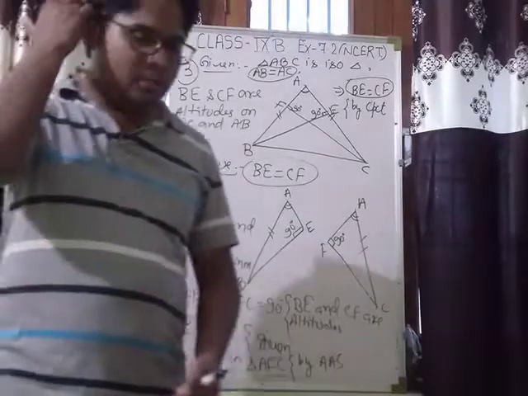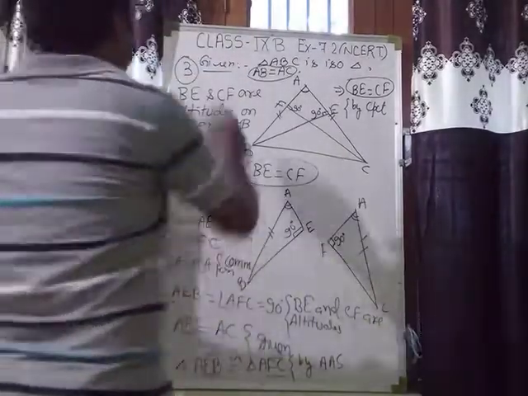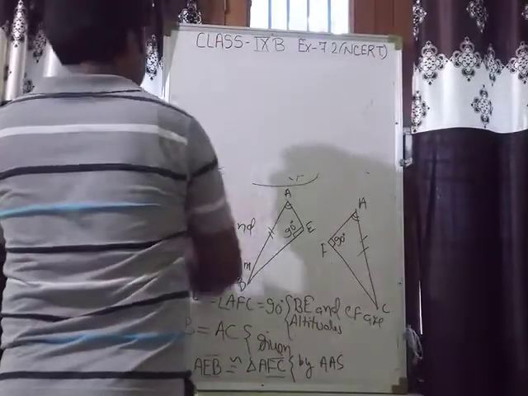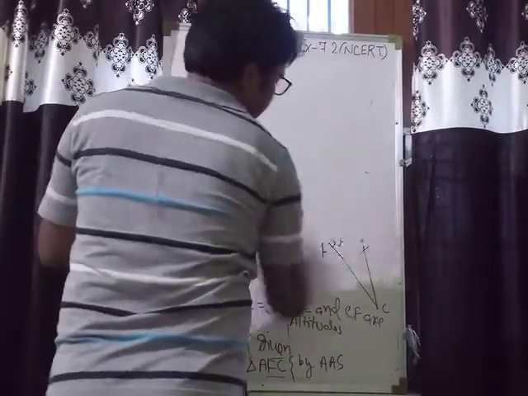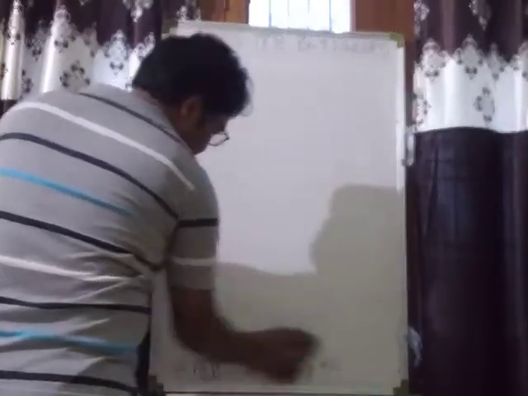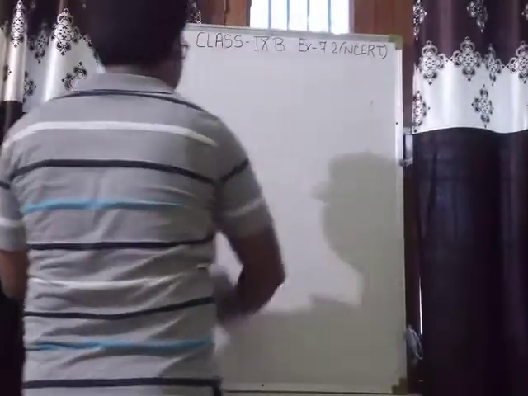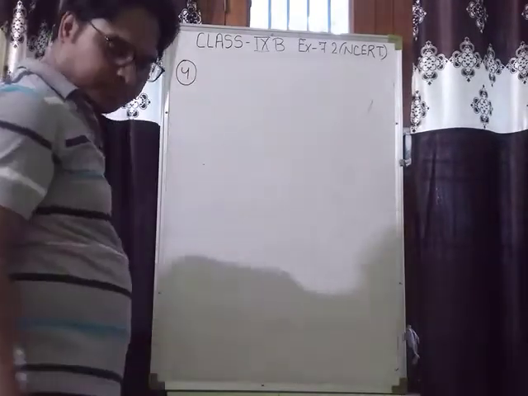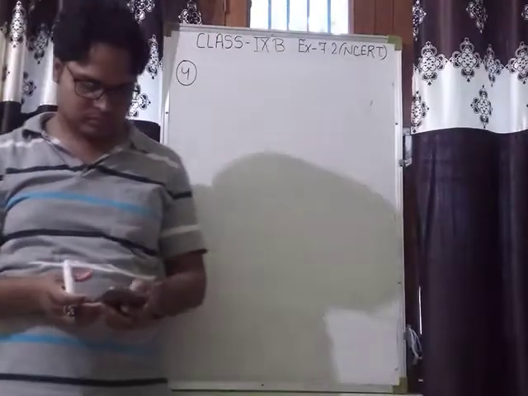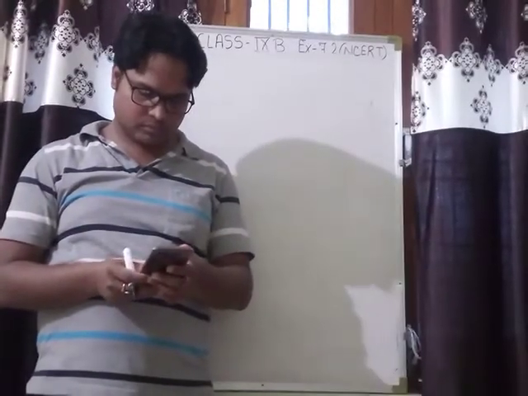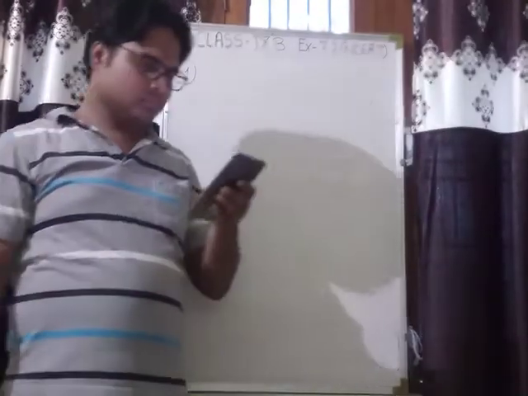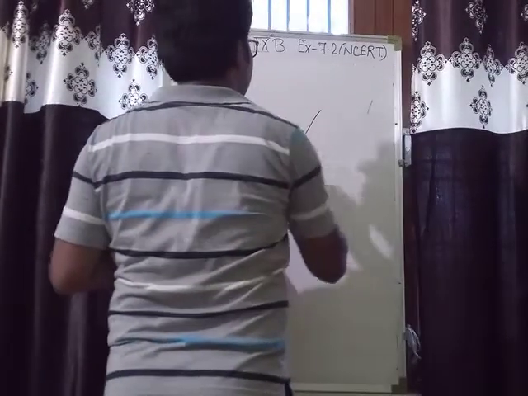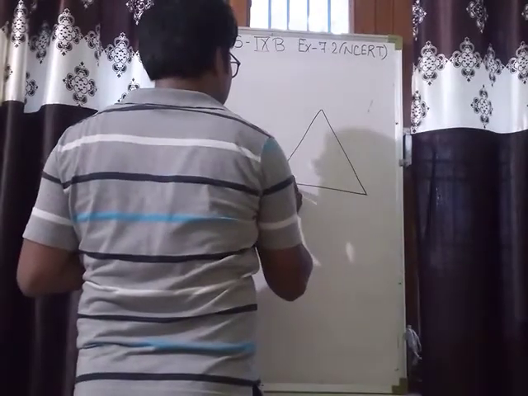Now read question number 4, everyone. Question number 4 is: ABC is a triangle.